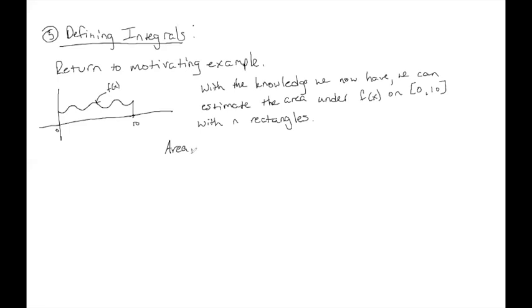So we know how to estimate it using left Riemann sums. We end up getting 10 over n, sum i equals 0 to n minus 1 of f of 0 plus 10i over n. And we know what the right one is.